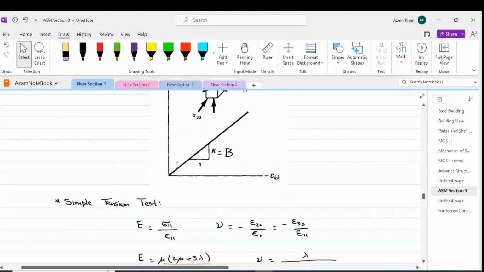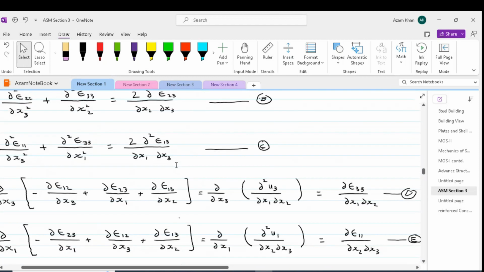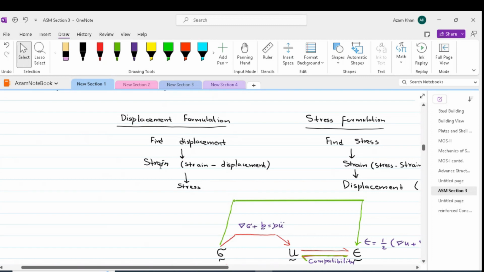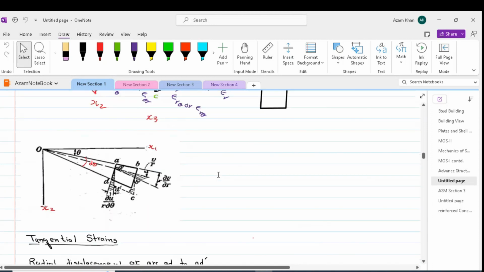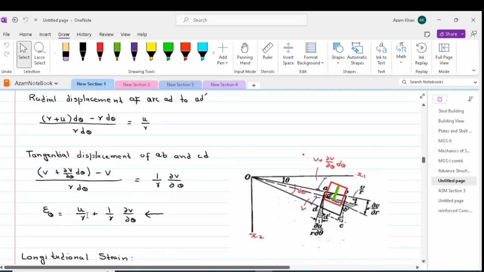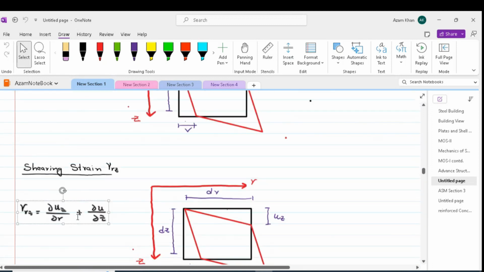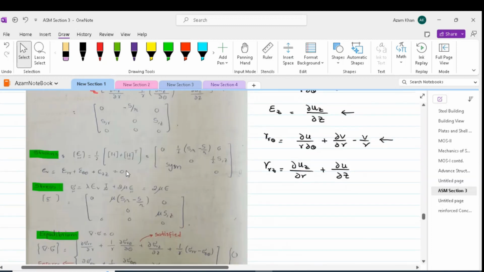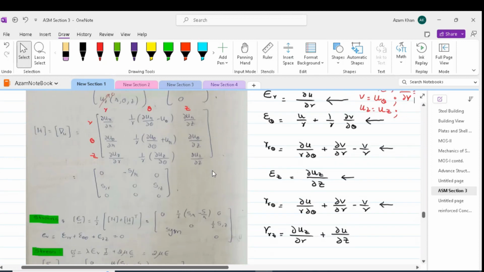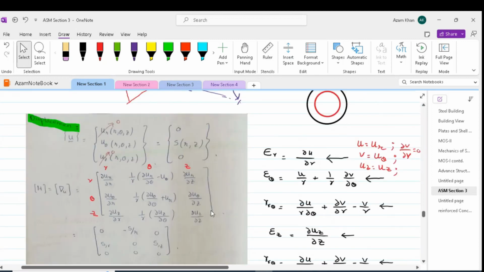As we discussed previously, after working out the displacements, we have to find out strains. In our previous presentation, we discussed strain components in cylindrical coordinates. We worked out all the strain components corresponding to the cylindrical coordinates. All these strain components can be written in the form of a tensor, and after that we can work out all the components.